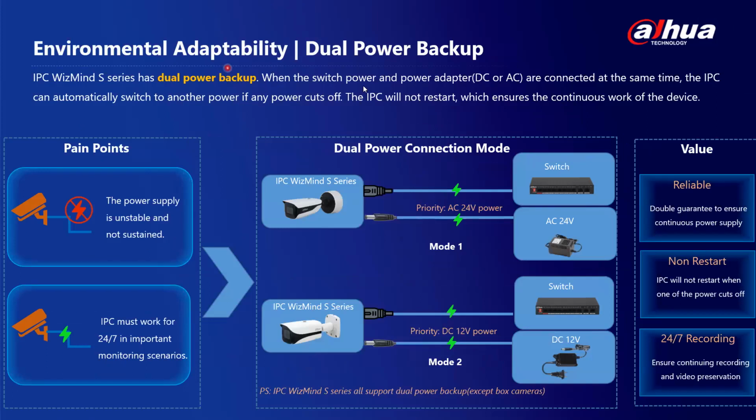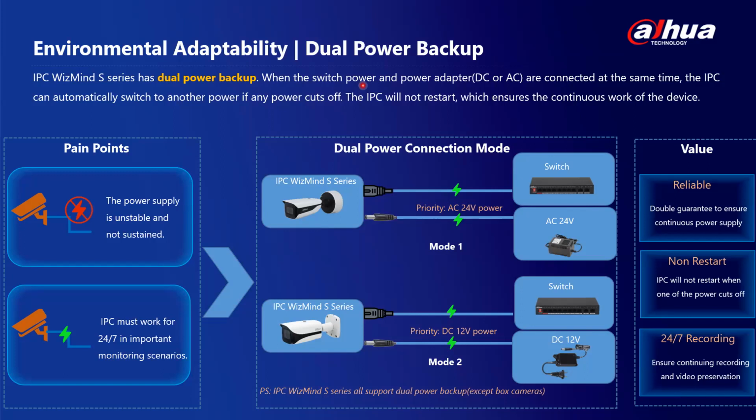When the switch power and the power adapter, either DC or AC, are connected at the same time, the IPC can automatically switch to another power if any of the power cuts off. So this IPC will not restart. It will ensure continuous working of the device, to keep on recording the video footage of the scenes where the camera is.